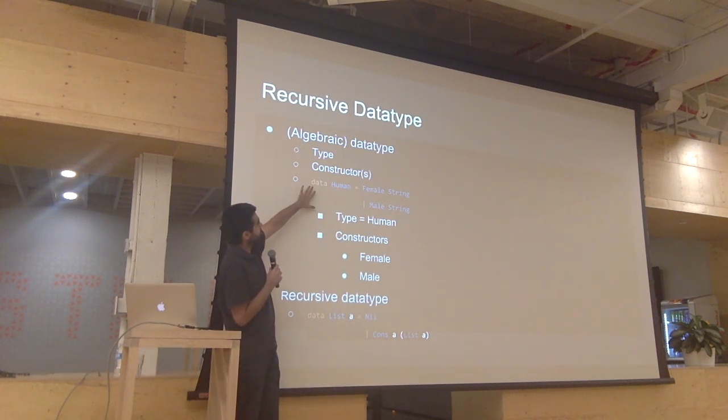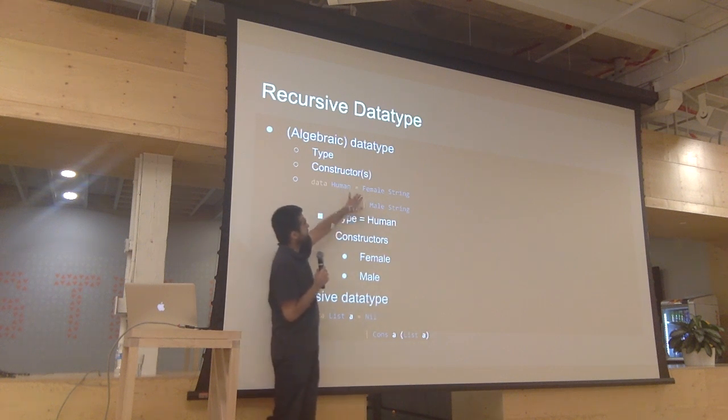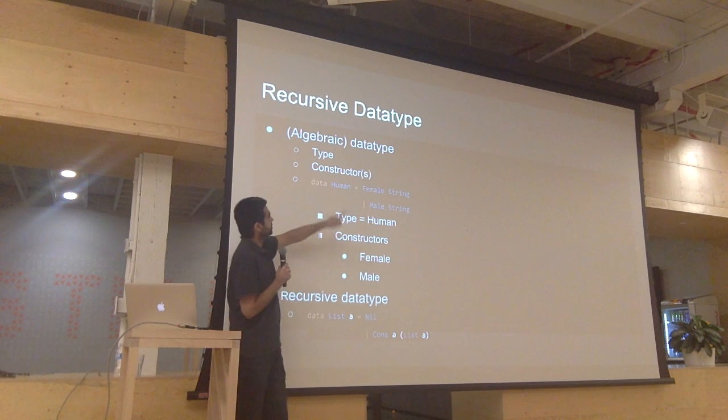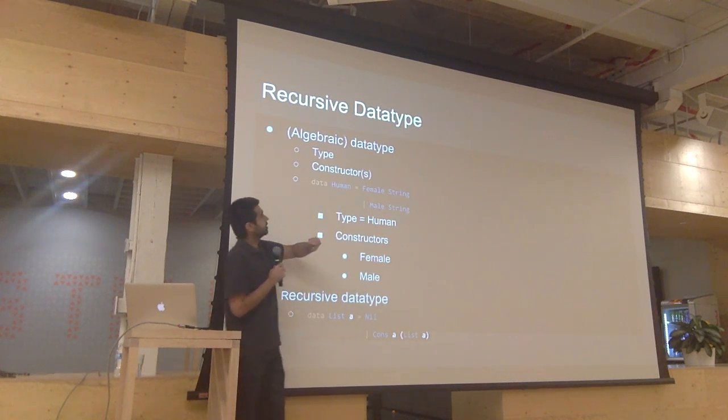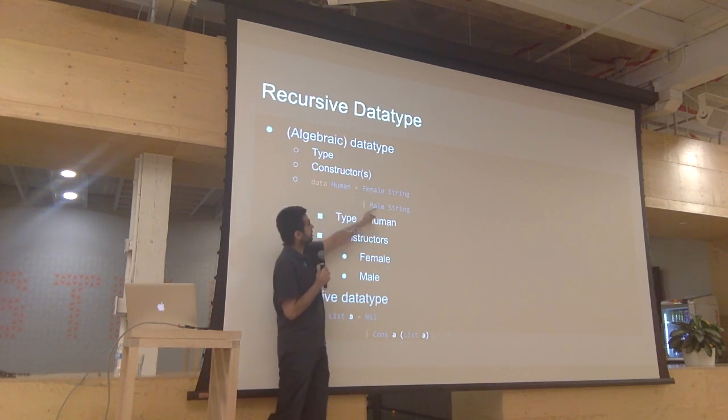So in this example, it says data Human equals Female String or Male String. So the type is Human. This is the data type, the type of the data type rather. And the constructors are Female and Male.